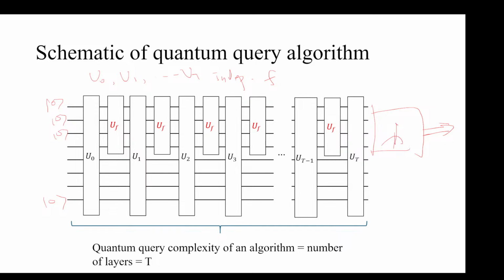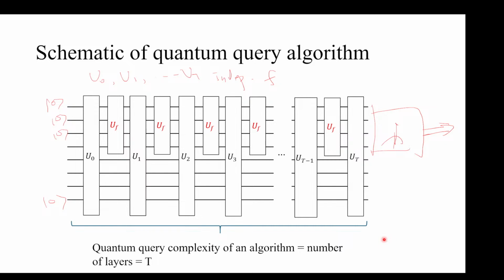So that's what you do when you run a quantum circuit, and we're seeing very simple quantum query circuits that only have one UF and only one query, so we just have some U0 and UF and some U1, and then we just do a measurement and get the outcome.